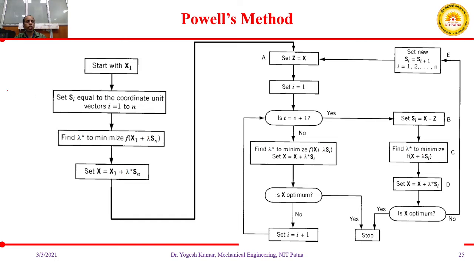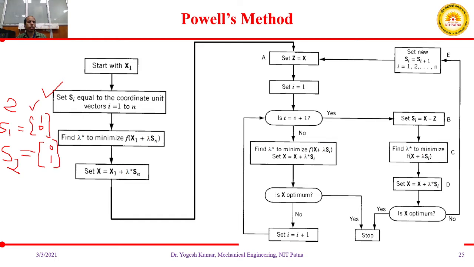So you set your starting value as s1, then the subsequent values you will set as s2, s3, s4. Suppose there is a two coordinate system, then there are two search directions, s1 and s2. In a two coordinate system, you can take s1 as (1, 0) and s2 as (0, 1).